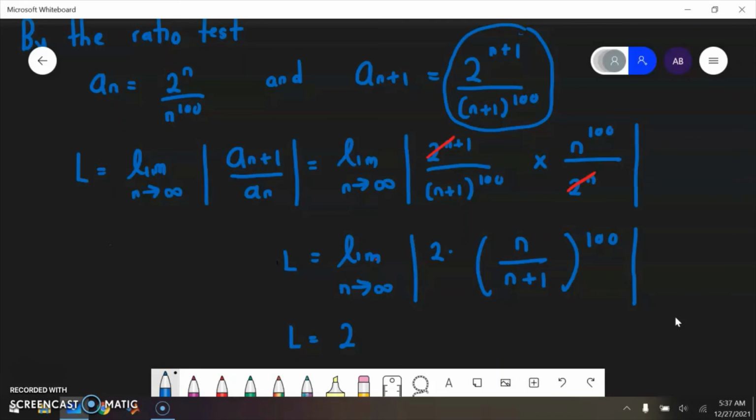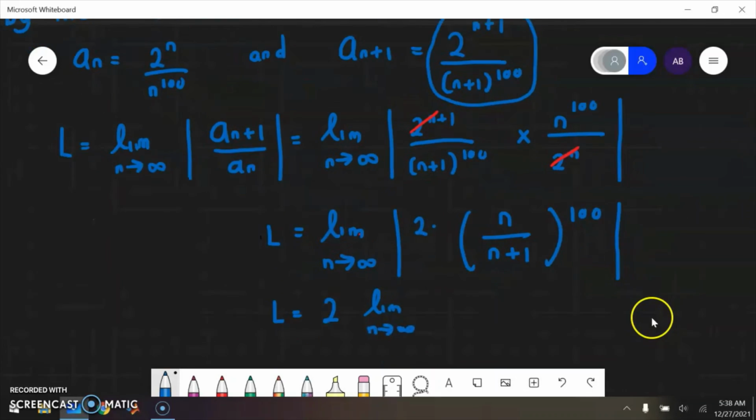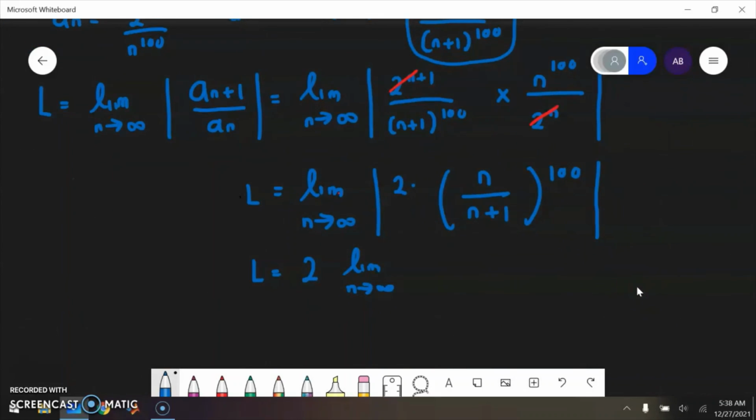Applying the limit for this term, how do you apply the limit? Divide by the highest power in your numerator.